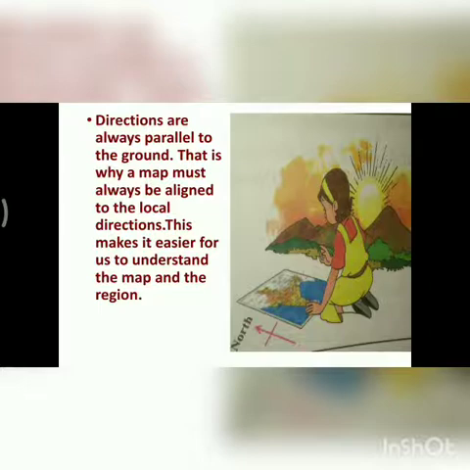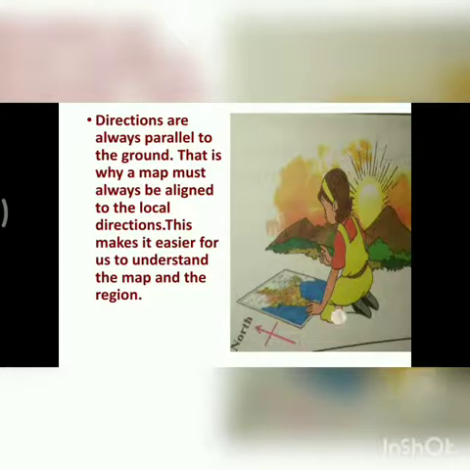This makes it easier for us to understand the map and the region. This means that when you are finding directions and places, you have to place a map on the ground and then find the directions. Is it clear, students?